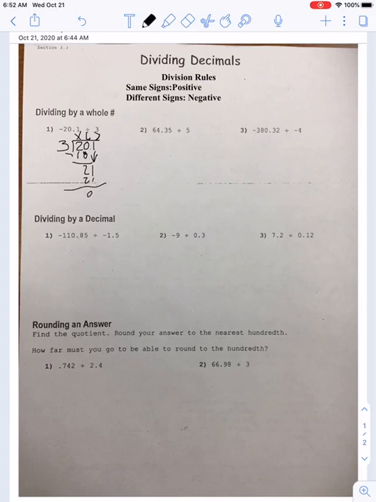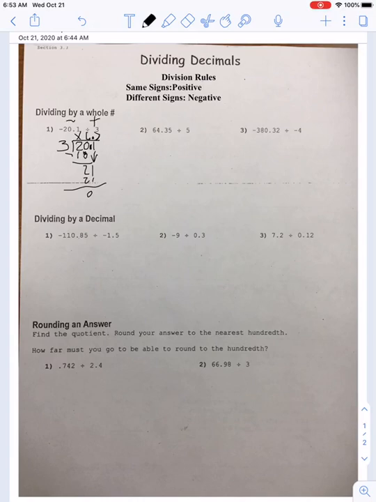Now the last part, we need to take our decimal and move it straight up. And before we circle our final answer, we need to make sure we have the correct sign. We have a negative divided by a positive.